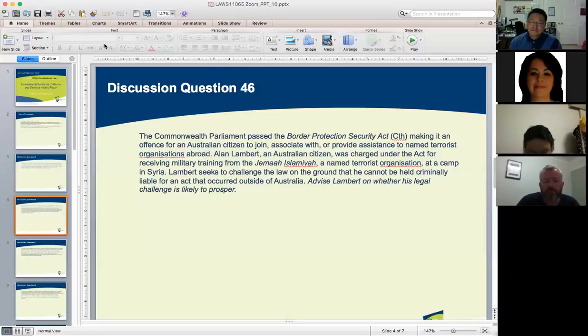Now, I know that's a slightly different argument to the constitutional validity of the legislation, but at the end of the day, if Lambert was my client, you would want to get him off whichever way you could. So if I couldn't find a constitutional argument, perhaps there would have to be something in the legislation to define what is the military training and how to substantiate that he received it. As I said, this may be off topic, but if this was an exam question and I mentioned something like that, would that be going off topic, if that makes sense?